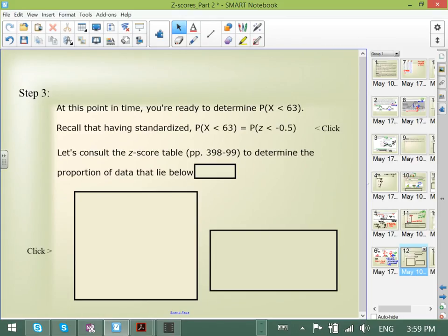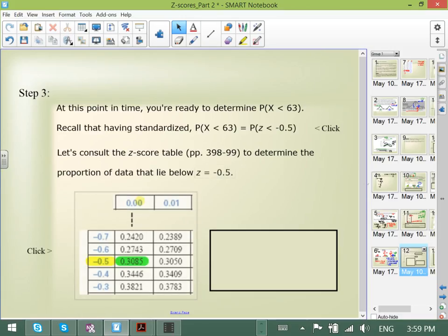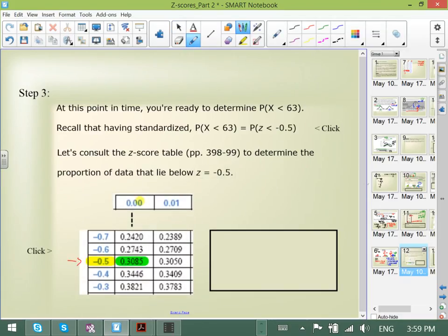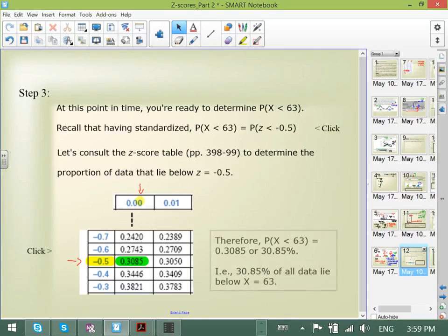So according to the z-score table, if you take a look back at your z-score table, we're going to look for a minus 0.5, which is here, and to one decimal place, we would have 0.3085. So that means that the probability or the proportion of x being less than 63 is about, well, almost 31%.